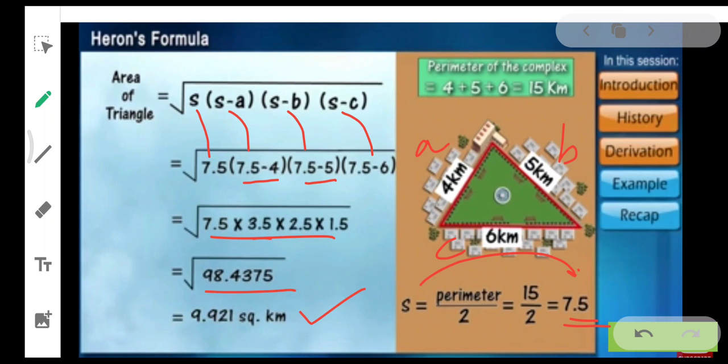So this was the opening question. This is the most important method for finding areas of triangles in this chapter. Hope you all are clear with this. Thank you.